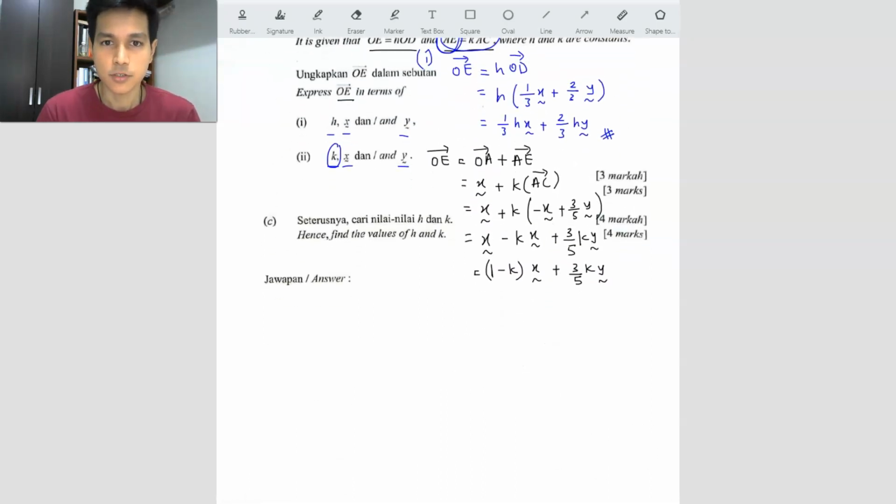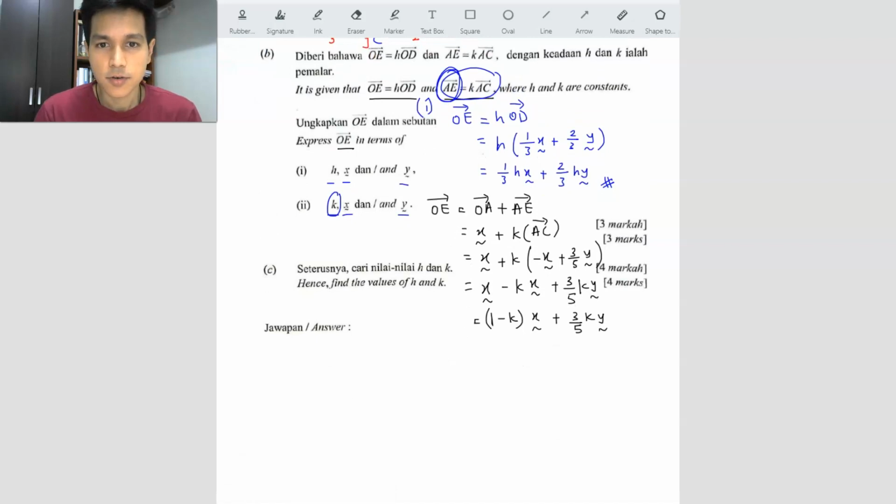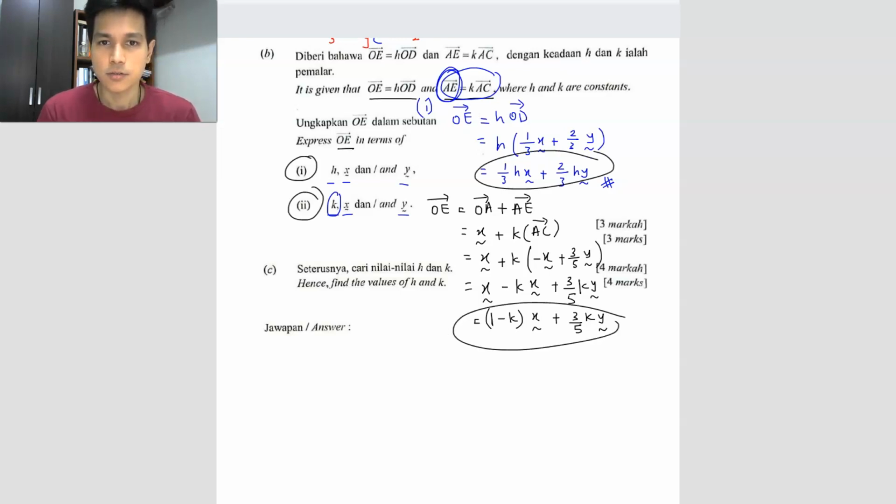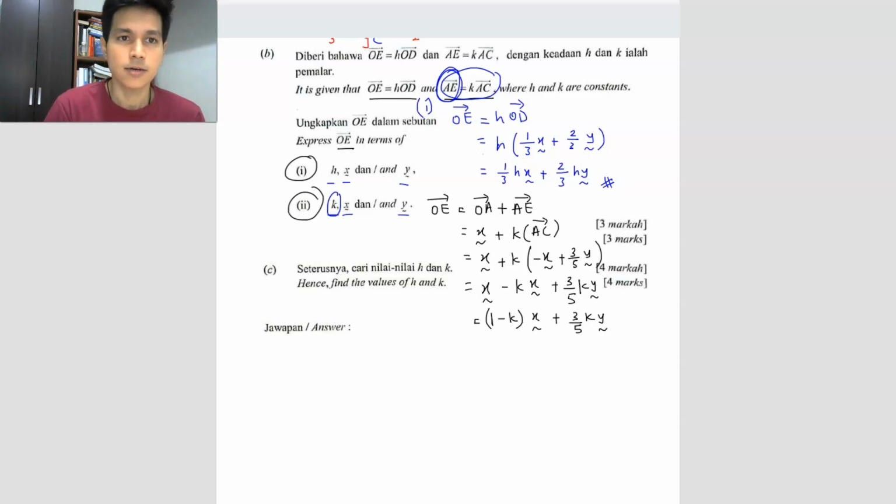So now last question here, question C, find the value of h and k. So since these two equations are OE, these two equations are basically asking you to solve OE, so you can actually say that these two should be equal, correct? Let me just rewrite to make it easier. The first equation OE is 1 over 3 hx plus 2 over 3 hy.